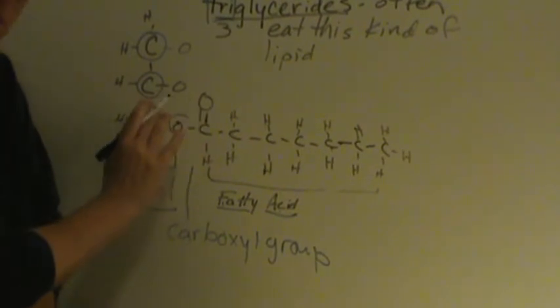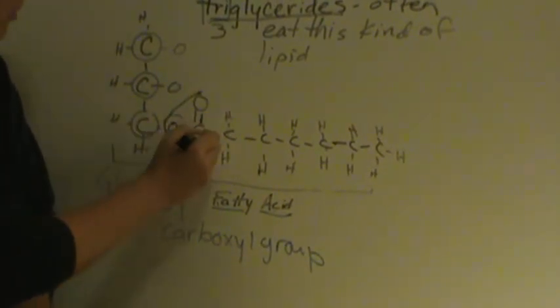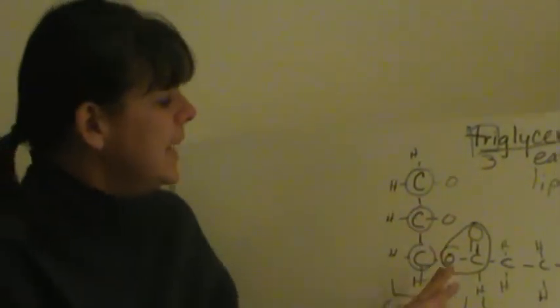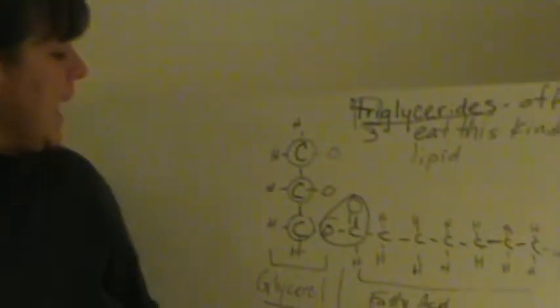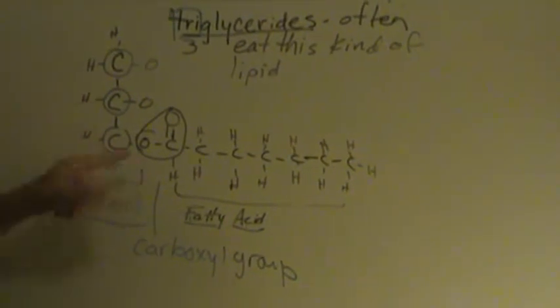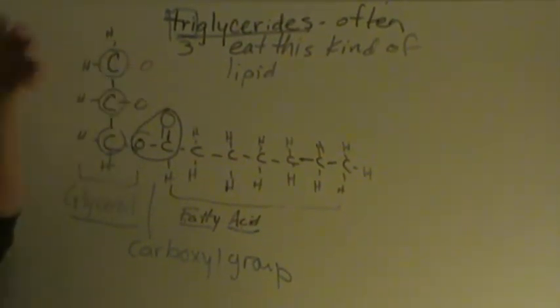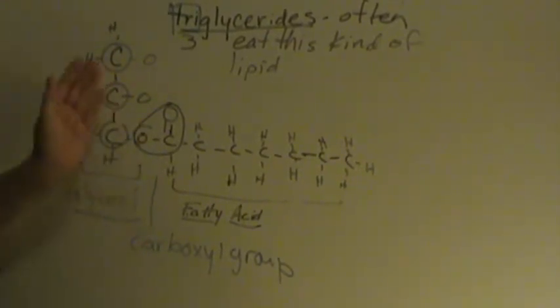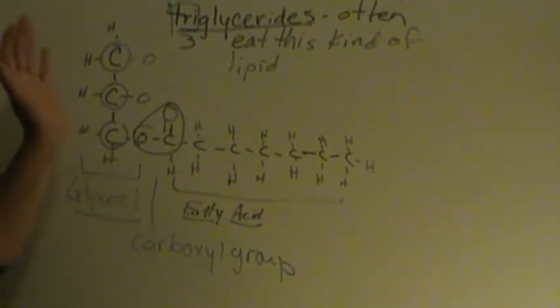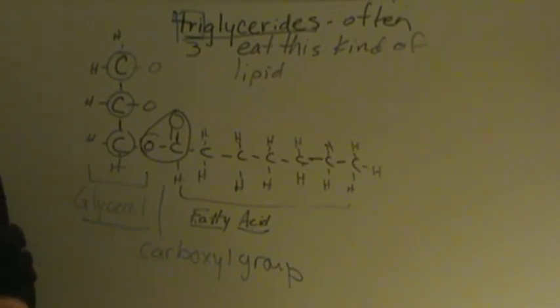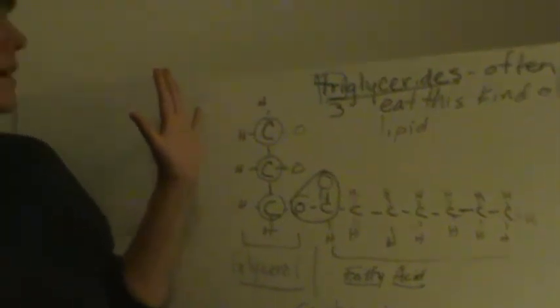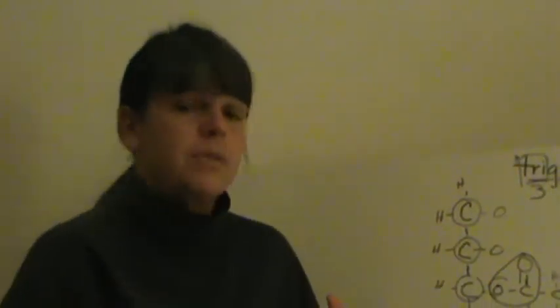That is our carboxyl group right here. That is the carboxyl group that attaches the fatty acid chains. And in each of the 3, it would do exactly the same, resembling, as we talked about earlier, the letter E. So triglycerides look a lot like the letter E. So that is the structure of our triglyceride.